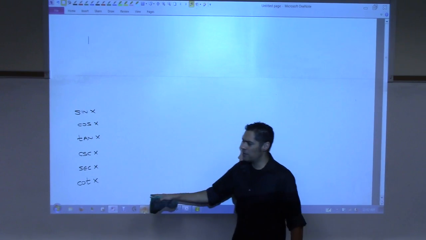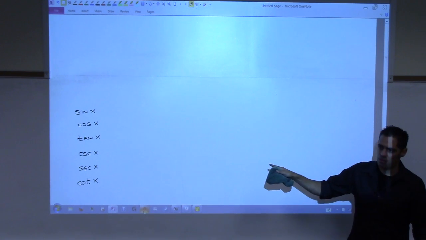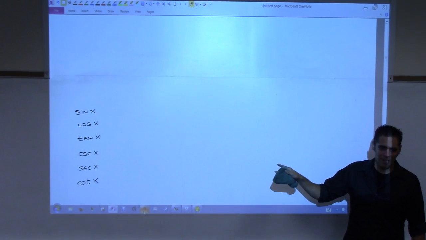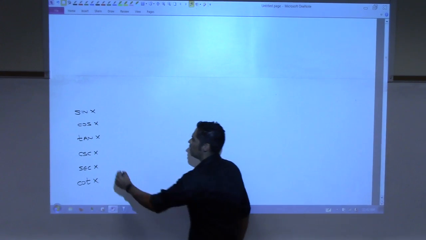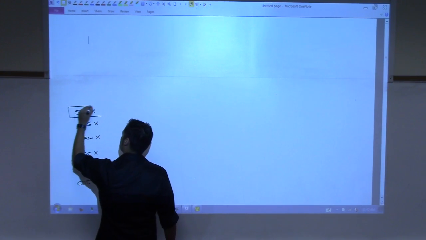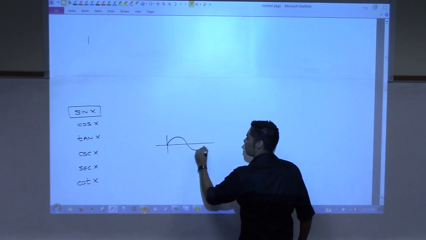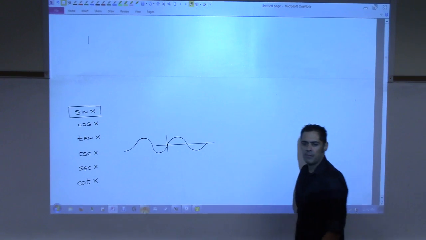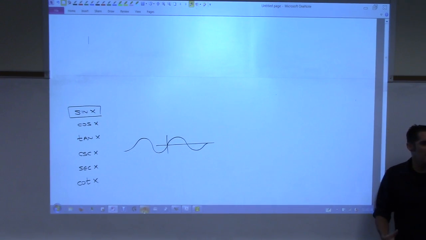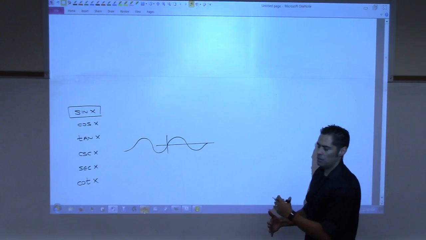But these weren't the only functions you studied in pre-cal. You studied their inverses also. So let's talk a little bit about the inverses before we get into it. If you look at the sine function, it looks like this, and it keeps going forever in both directions. We asked, can we define an inverse function, a function that would undo the sine function?